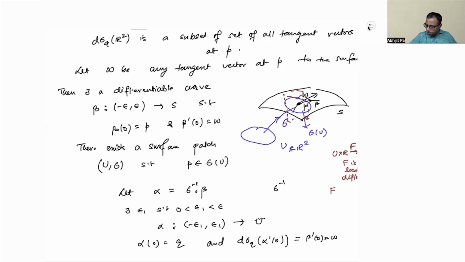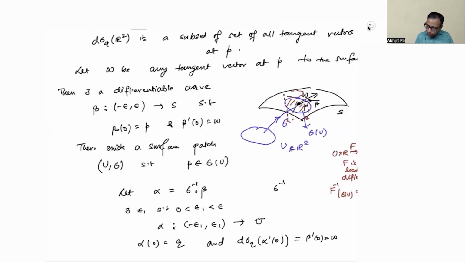And if I take F inverse restricted to this slice, this sigma U, it will be equal to your sigma inverse. And F inverse is a differentiable map, so in that sense sigma inverse is also differentiable.